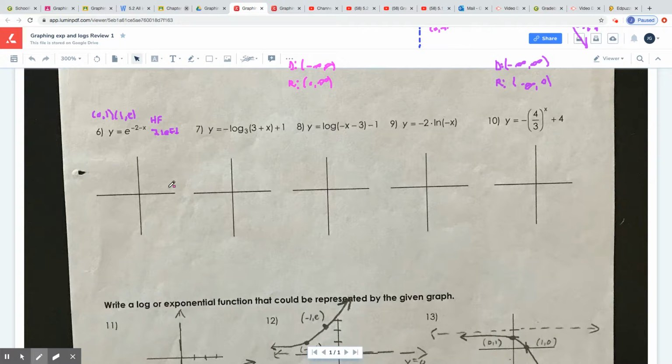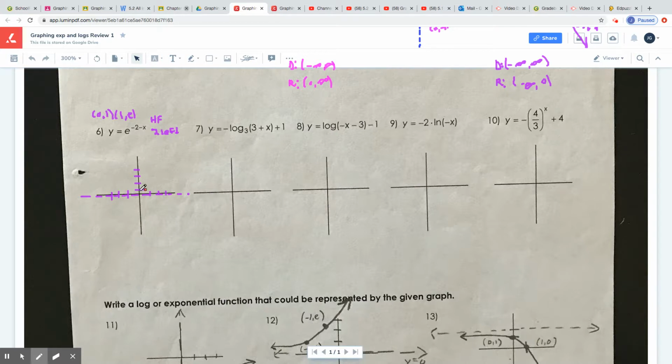All right, it's 2 to the left. No vertical slide, so it means we're going to keep it at 0 for our horizontal asymptote. All right, just put that up there a little bit. All right, put some numbers over here. Okay, so our first point, 0, 1, horizontal flip. Horizontal flip means I change the sign of the x.